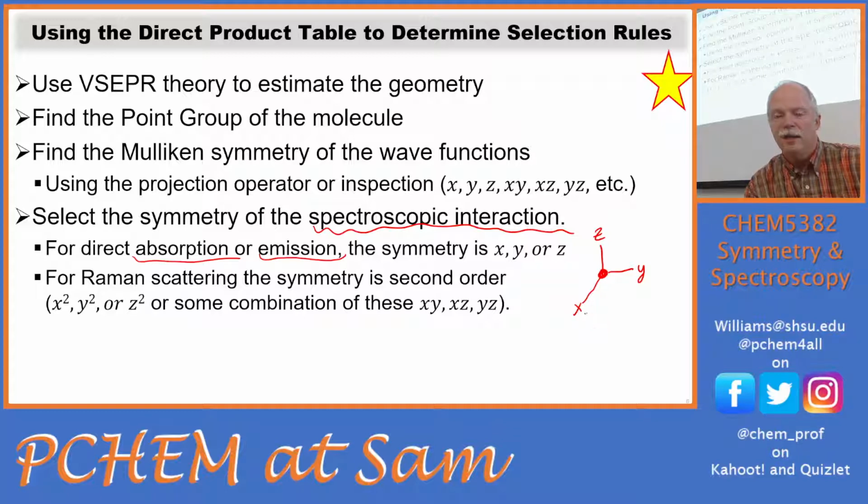And so let's just think of it as a photon coming in on the x-axis and leaving on the x-axis would be x squared, okay? A photon coming in on the x-axis and leaving on the z-axis would be xz, right? You can think of it that way.